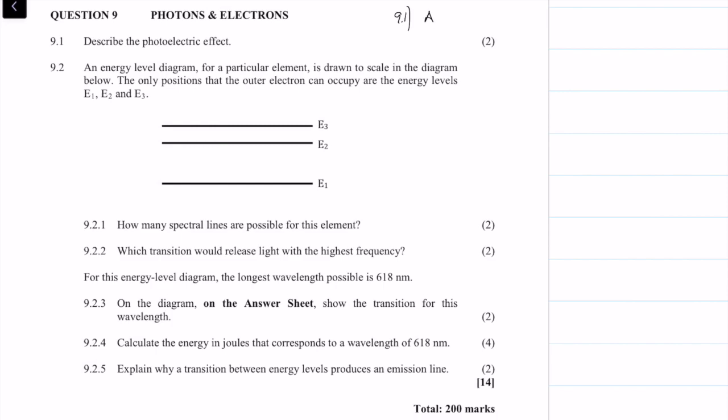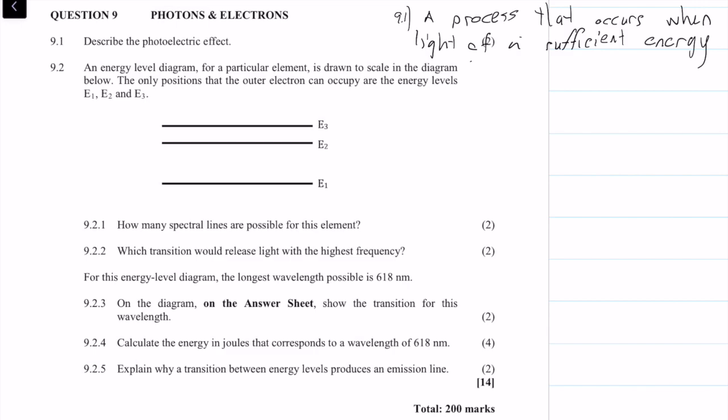It is a process that occurs when light of sufficient energy shines on a metal and electrons are ejected, you could say from the surface. We get 2 marks for that.